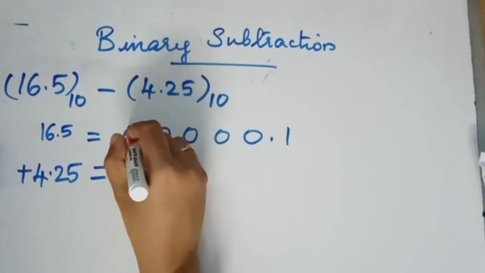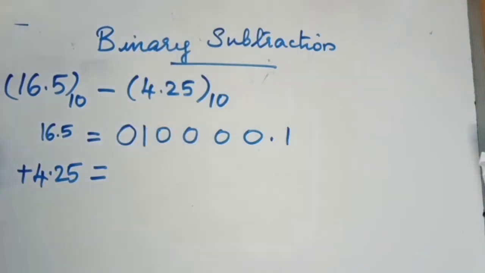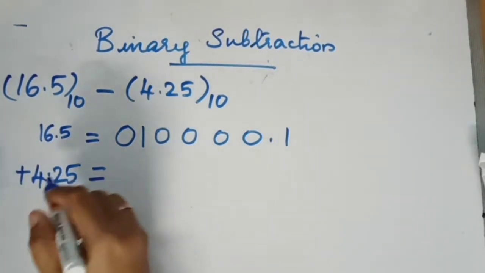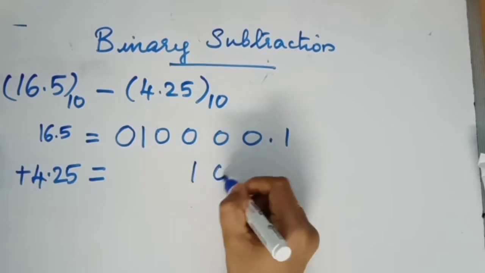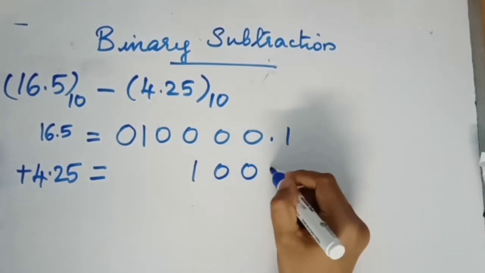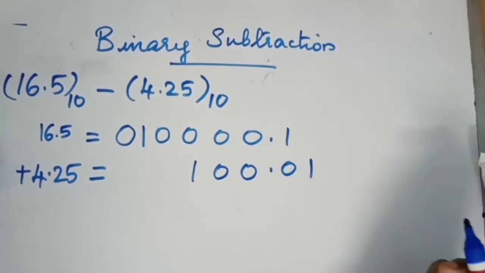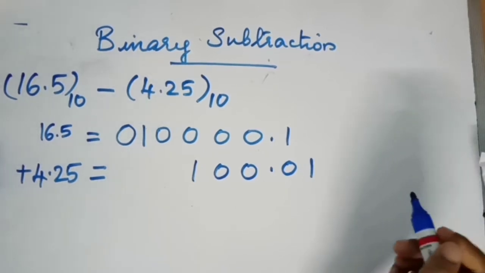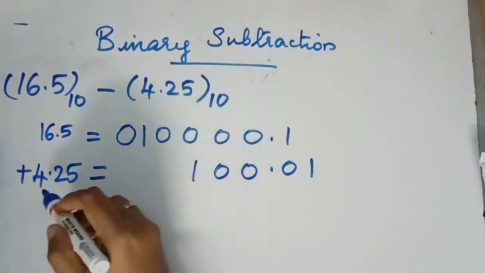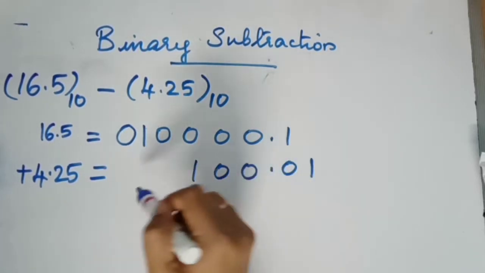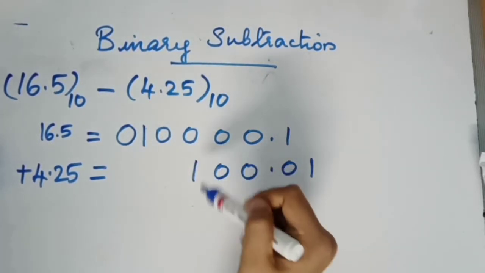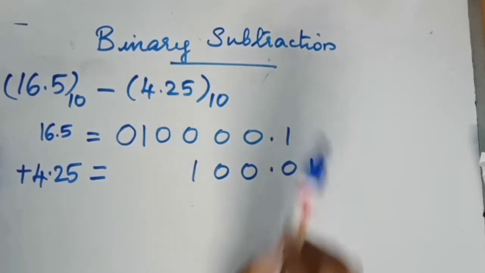So you have to add the sign bit to the left, and 4.25, we know 4 is 100 and 0.25 is 0.01. Okay, so you need to add zeros, so that both these numbers have the same number of bits.